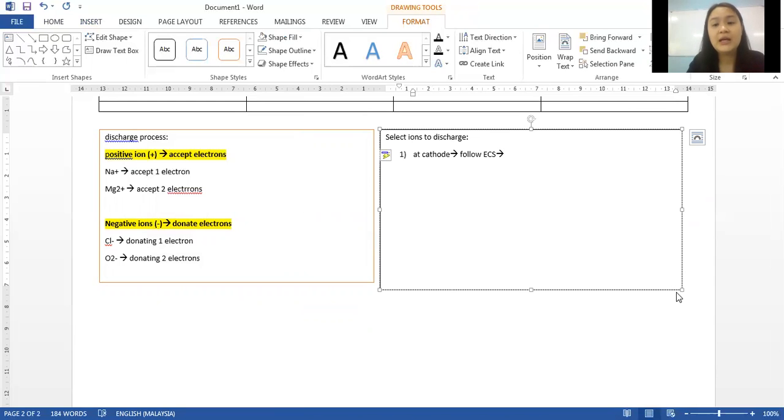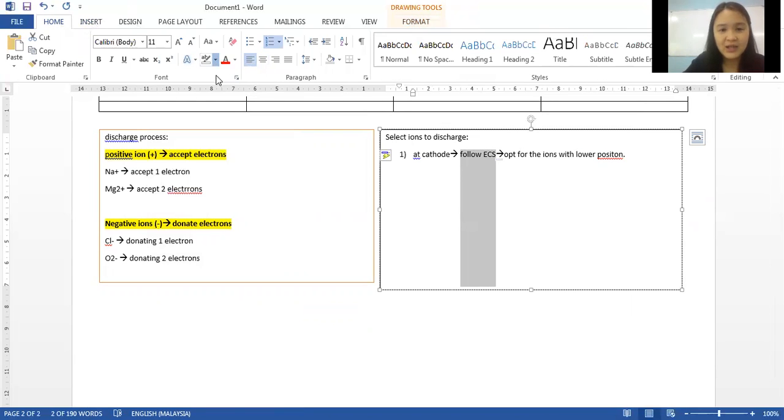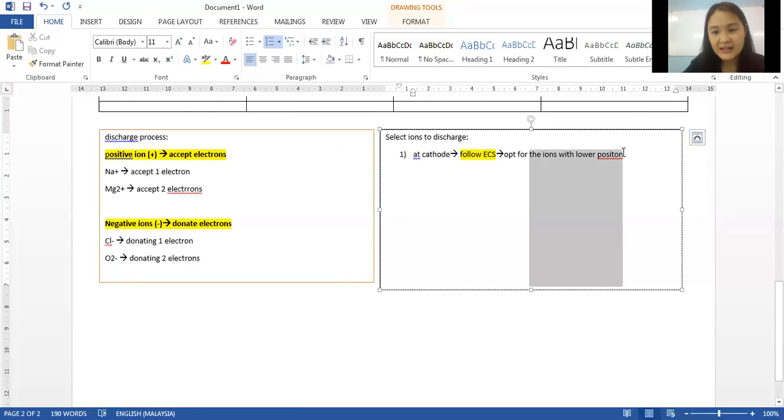According to the electrochemical series, you will always opt for the ions with lower position. So remember, at cathode, your choice is always based on ECS, and you will always choose the ions that have the lowest position, because those ions are easily discharged.